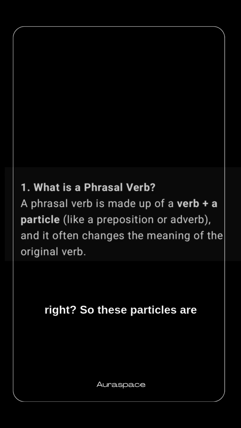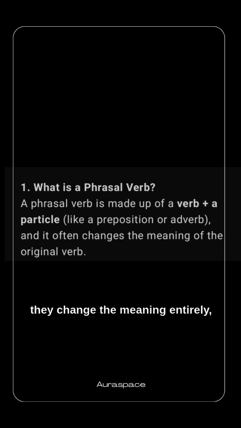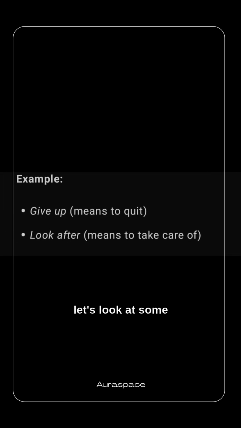So these particles are usually an adverb or a preposition, right? And when they combine with the main verb, they often change the meaning entirely, right? So let's look at some examples. Give up.